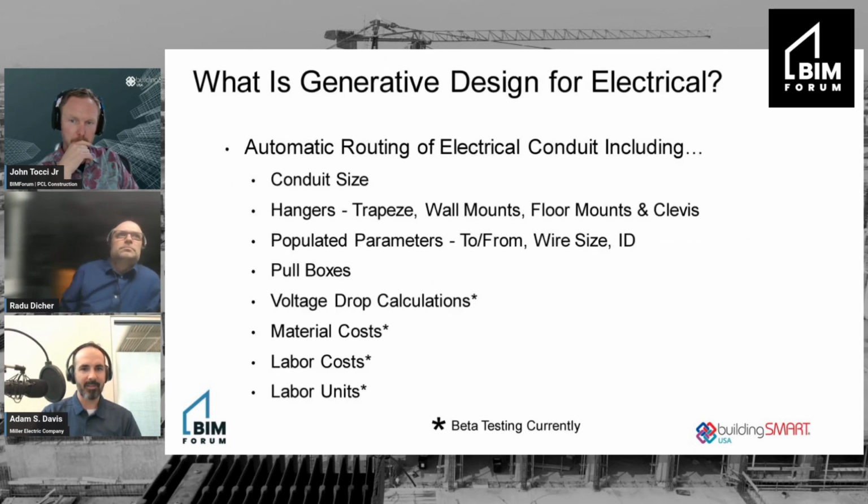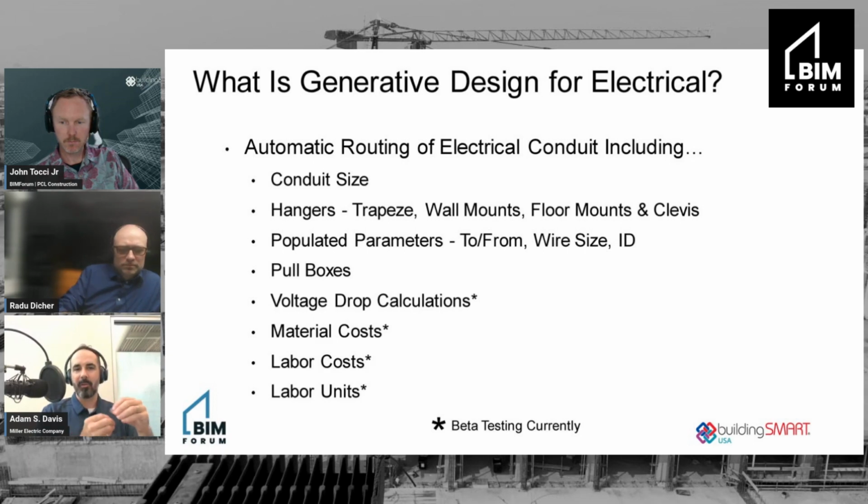Seeing if I can click the magic button here. There we go. As it pertains to electrical contracting, and specifically inside of electrical conduit routing systems, we're going to be speaking about how it deals with conduit size and hangers. It understands to-froms and pull boxes, and there are some other things in beta right now that are yet to come out in the first iteration of the software.